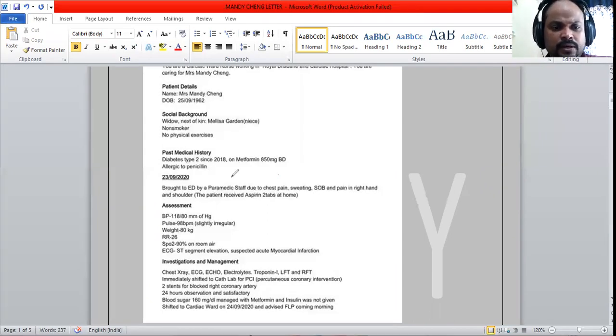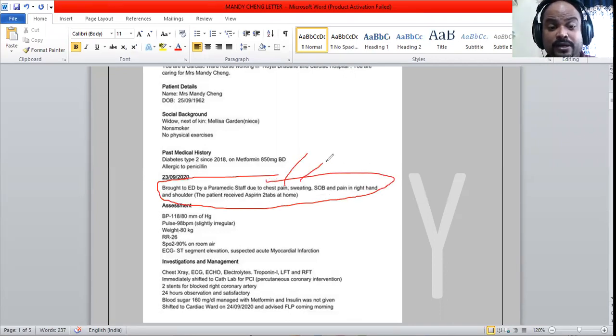Here it is. Brought to the emergency department by paramedic staff due to chest pain, sweating, shortness of breath, pain in the right hand shoulder, and at home, the patient received 2 aspirin tablets. So these are suggestive symptoms of myocardial infarction. I don't need to give every minute detail.